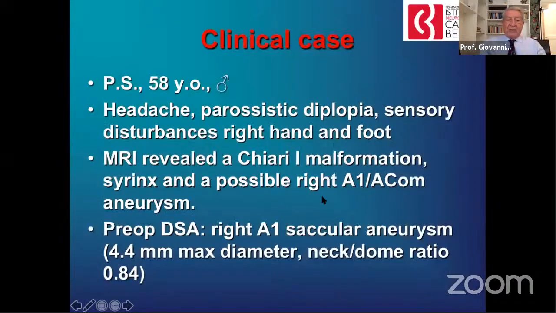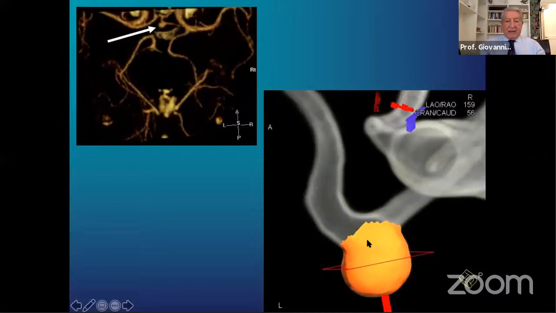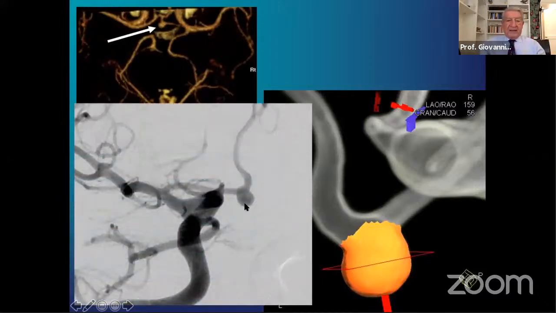And we decided to treat the aneurysm before the syrinx. So that was the aneurysm. This is the angiography. You see here the neck is quite large, but it is very keen to be clipped, and so we decided to clip the aneurysm instead of sending it to our friends the interventional therapists.